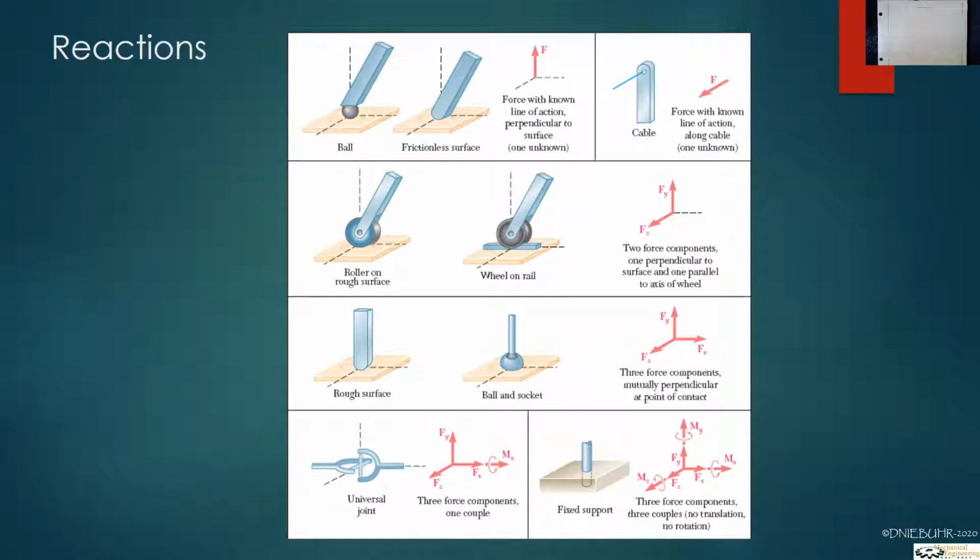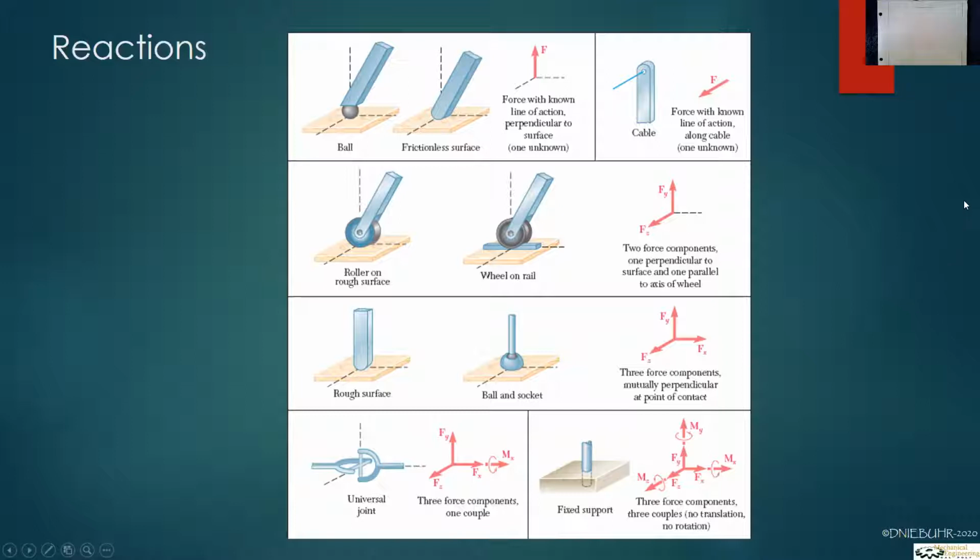And then you have what's called a rough surface. That means that the footstool or the bottom of your stool can now be resisted in motion in both X and Y, and also in Z, depending on how it's attached.